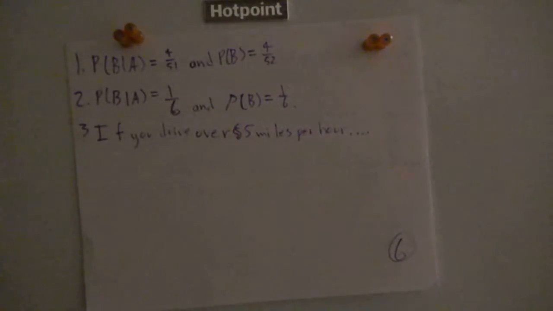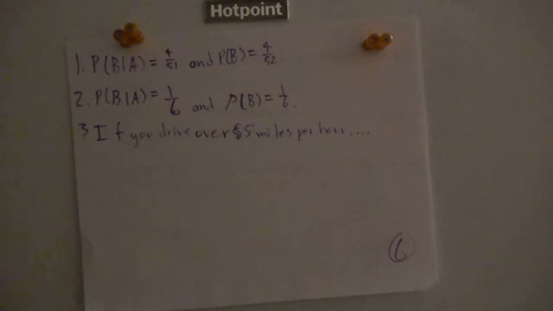the probability of B given A equals 4 out of 51, and the probability of B equals 4 out of 52. The occurrence of event A changes the probability of the occurrence of B, so the events are dependent. The probability of B given A equals 1 over 6, and the probability of B equals 1 over 6.